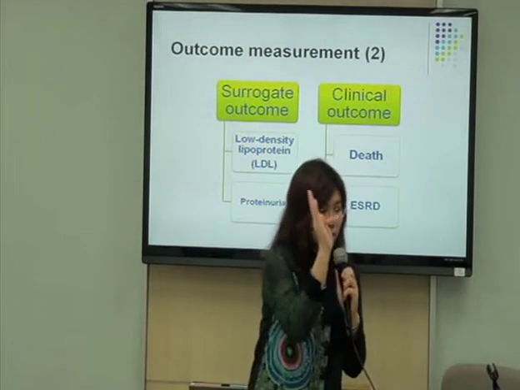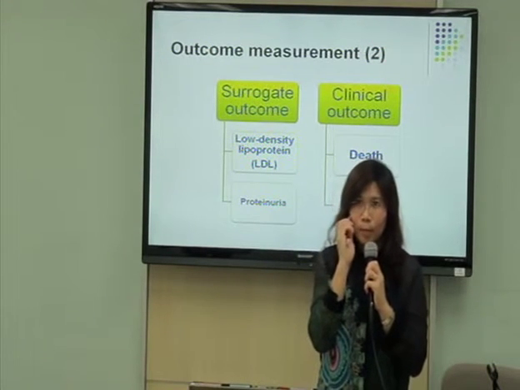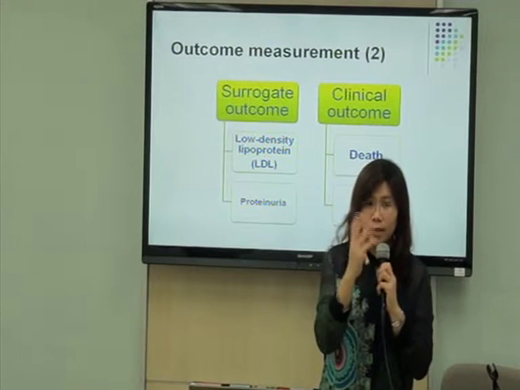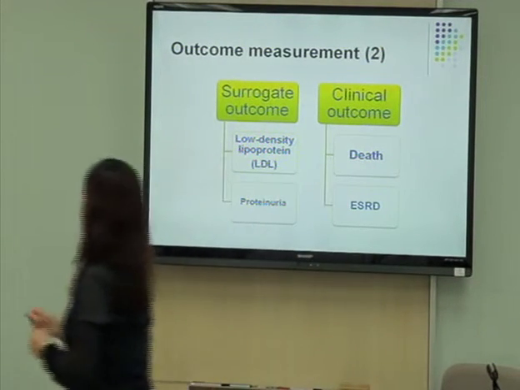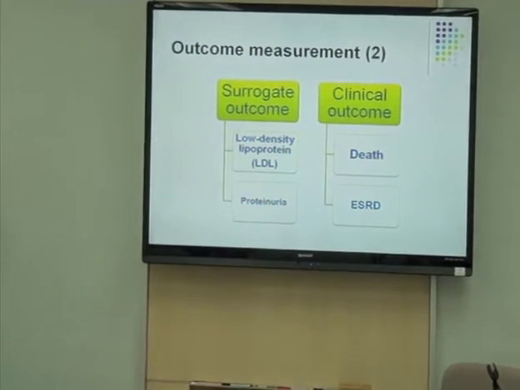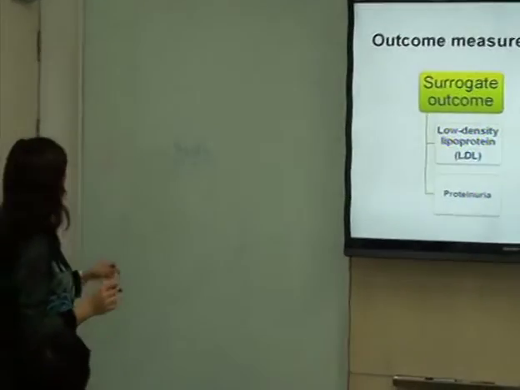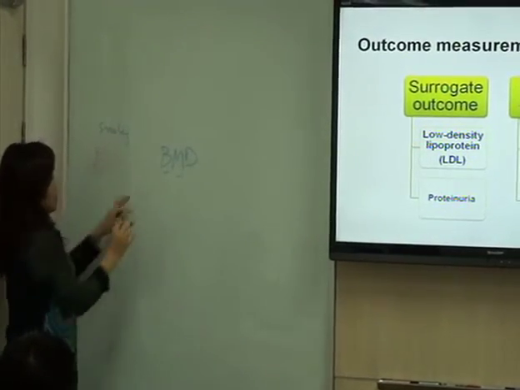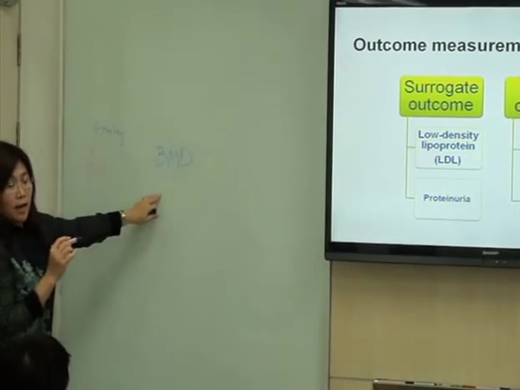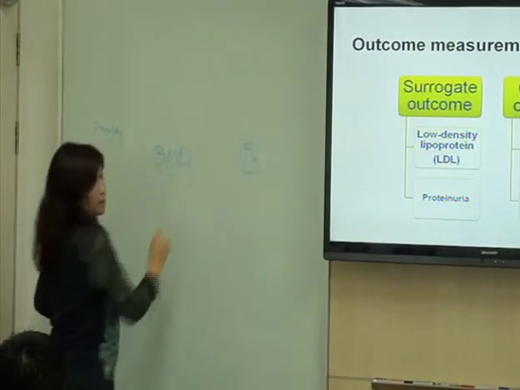For example, the most obvious example, like you are interested in BMD, bone mineral density, right? Exposure might be smoking associated with BMD. And actually we want to know about the fracture, bone fracture, right?